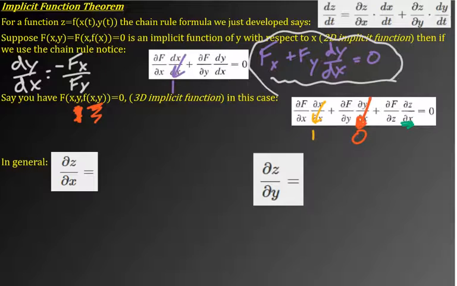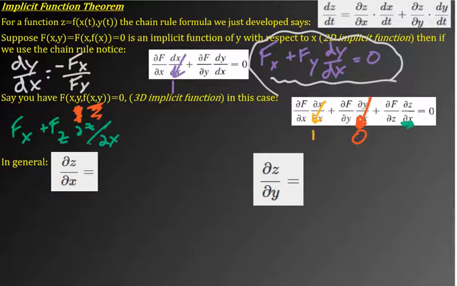And then you can rewrite basically, I'll do it over here. So now we've got f with respect to x plus f with respect to z, and then partial of z with respect to x.